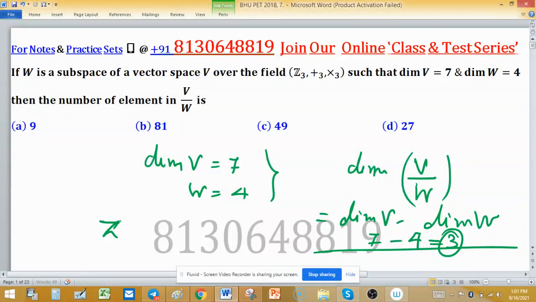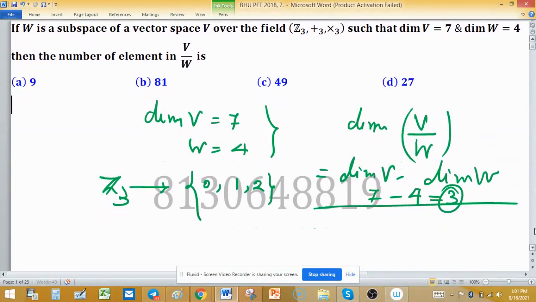As the field is Z3, we know that the elements are 0, 1 and 2. The dimension of the space is the number of linearly independent vectors, so there are 3 linearly independent vectors.